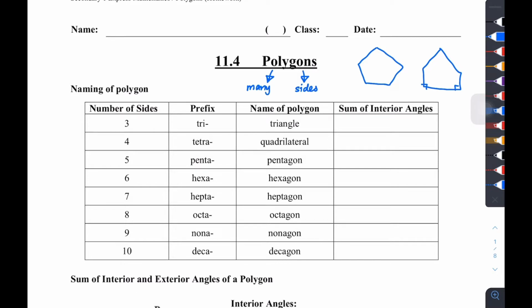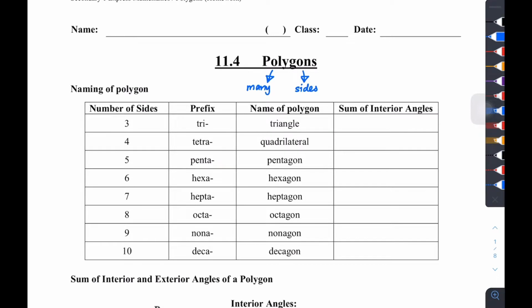As long as the thing has 5 sides, we call it a pentagon. However, the difference between these two pentagons is that the one on the left has all equal sides, but not necessary. It's just an example.